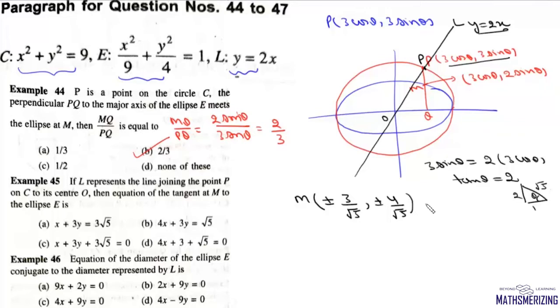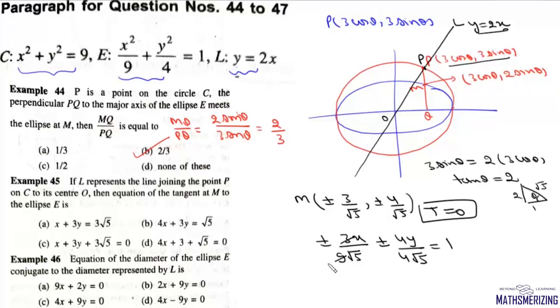Now the equation of the tangent at this point M is given by T equals 0. So we'll put T equals 0. We'll get this equation as plus minus 3x upon 9 root 5 plus minus 4y upon 4 root 5 and it is equal to 1.